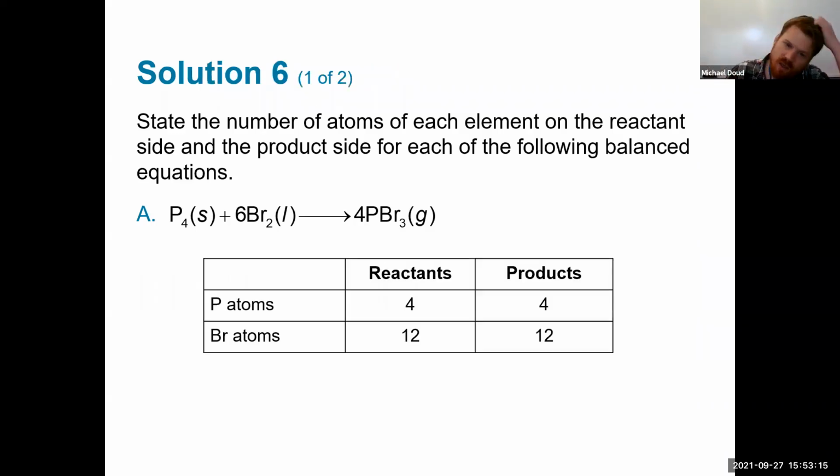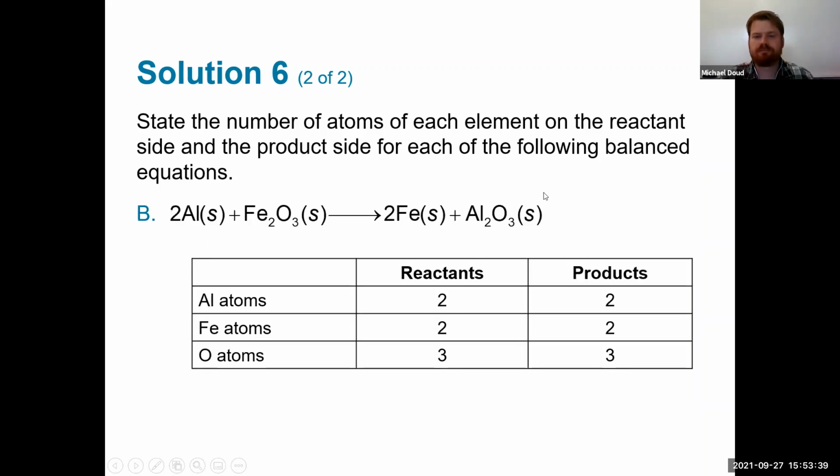Okay, zoom back. Well, in phosphorus plus 6 bromine yields 4 phosphorus tribromide. You have 4 times 1, so 4 phosphorus atoms, and then 2 times 6, 12 bromine atoms in the reactant side. Then you have 4 times 1, that's 4 phosphorus atoms in the products. 4 times 3 is 12 bromine atoms in the products.